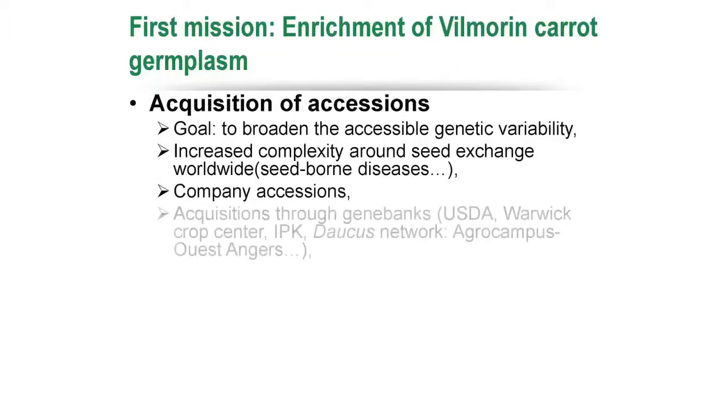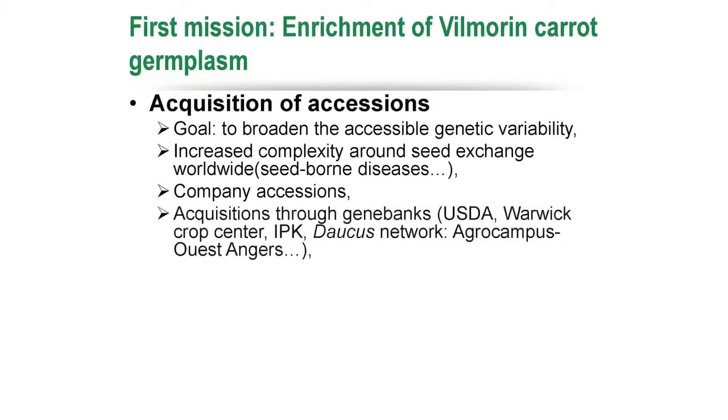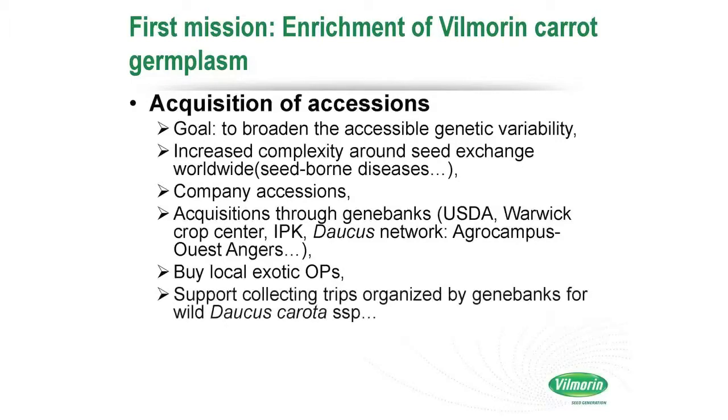We have good collaboration with public gene banks like USDA, Wageningen Crop Center, IPK, and also the Daucus networks, with which we have a fruitful cooperation. We try to buy local exotic OPs, and we support collecting trips organized by gene banks, mainly for collecting wild Daucus species at that time.